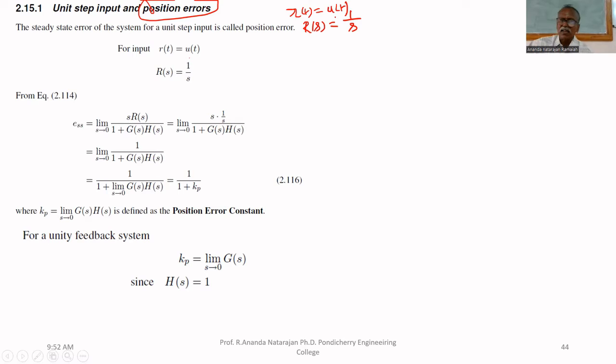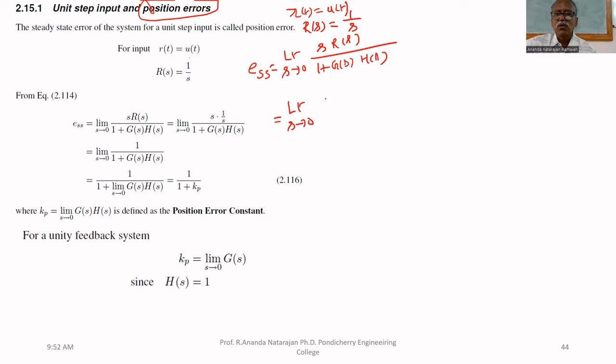We have to find steady state error. Steady state error equal to limit s tends to 0, s R of s upon 1 plus G of s, H of s. That is equal to limit s tends to 0, s times 1 upon s, upon 1 plus G of s, H of s.